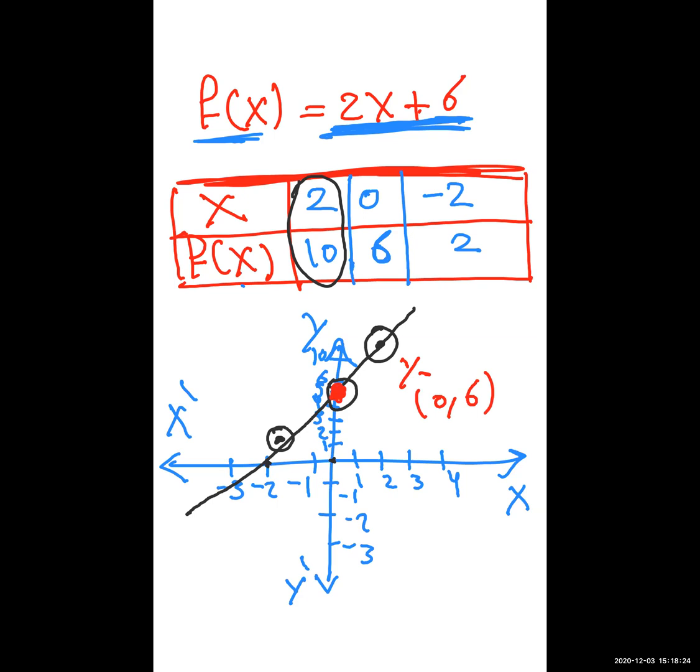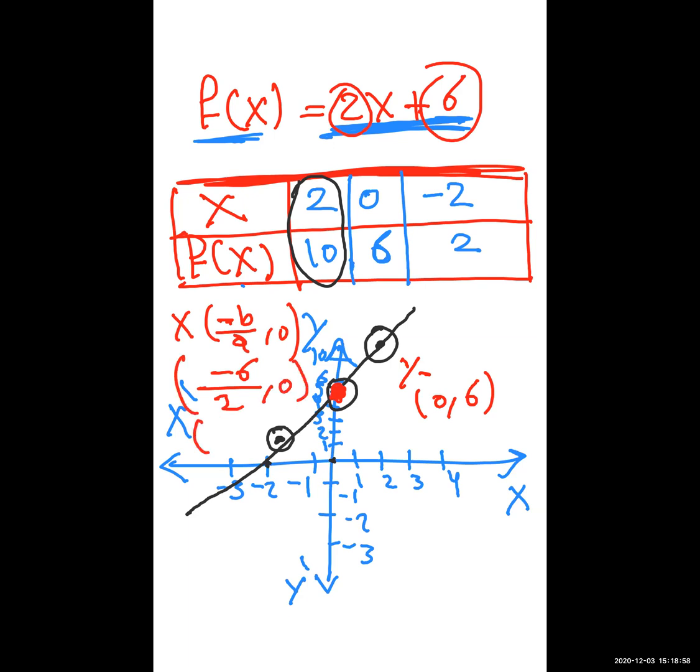We said that the intersection with the x-axis will equal negative b over a and 0, right? Negative b means negative 6 over a, which is 2, and 0.